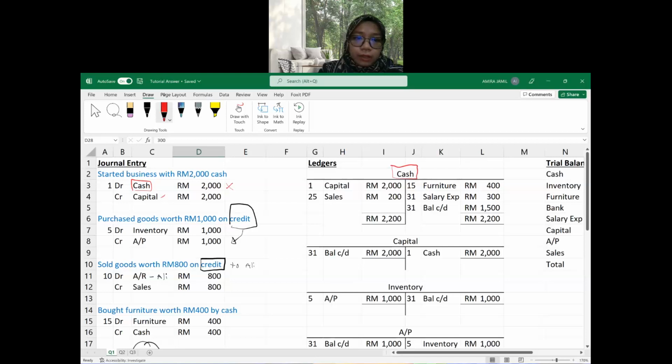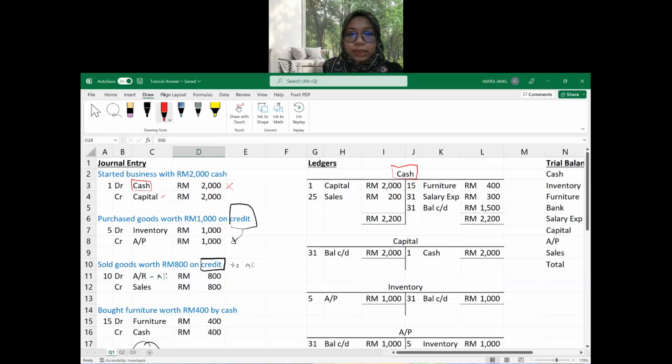When you record it one by one, you must mark it a little, so you don't get confused about which ones have been transferred to the ledgers and which have not. So you work it one by one, and then credit capital 2,000. We open the capital account, and on the credit side, you write 1, cash 2,000.